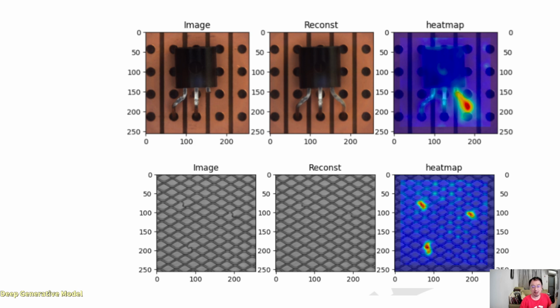When we apply it to an image that has defects or anomalies, what we are hoping is that the autoencoder doesn't work that well.